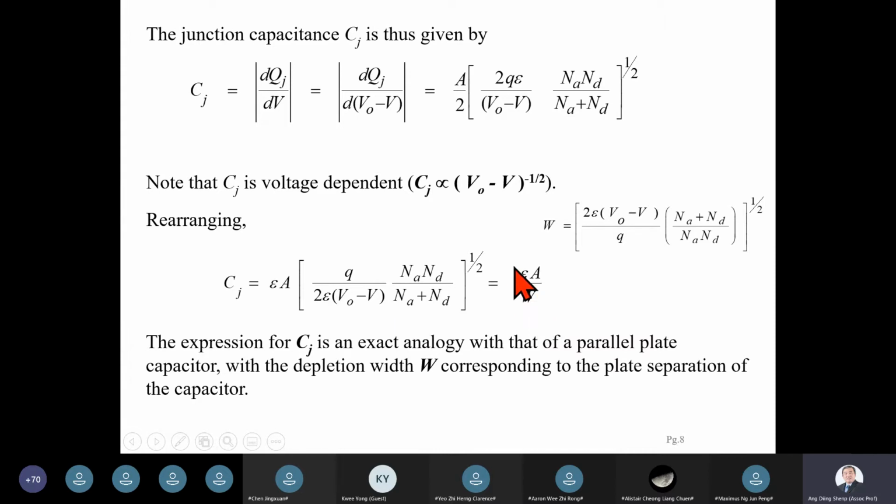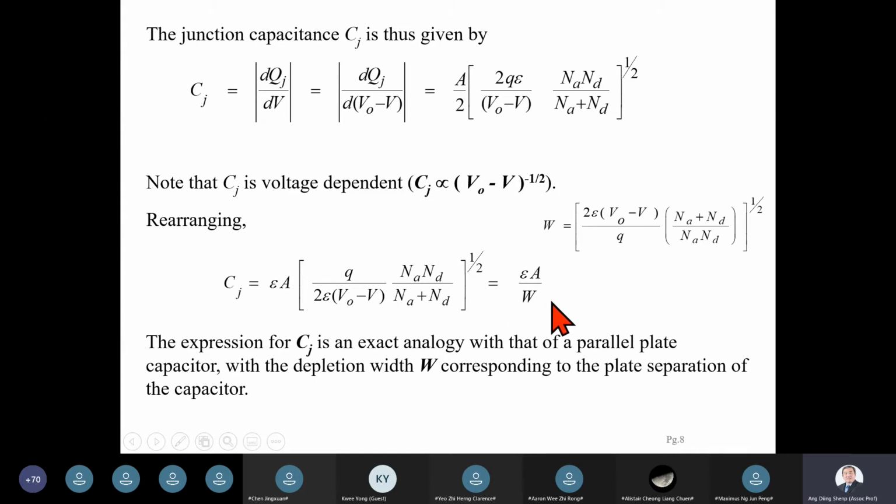Now, this result is surprising at first. If you recall the expression for the parallel plate capacitance, it is also epsilon, the permittivity of the medium separating the two plates, multiplied by A, the area of the plate, divided by the distance between the two plates.